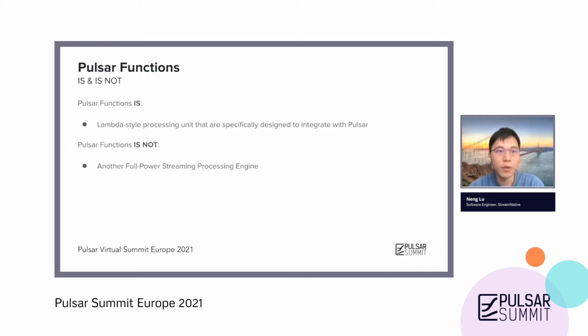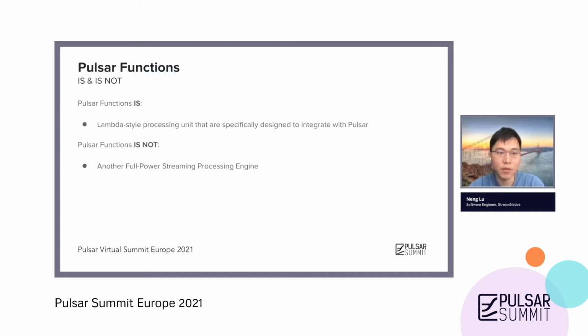Some people in the streaming computing area may ask: what's the difference between Pulsar Functions and Apache Flink? To our understanding, Pulsar Functions is a Lambda-style processing unit specifically designed to integrate with Pulsar to achieve simple processing.